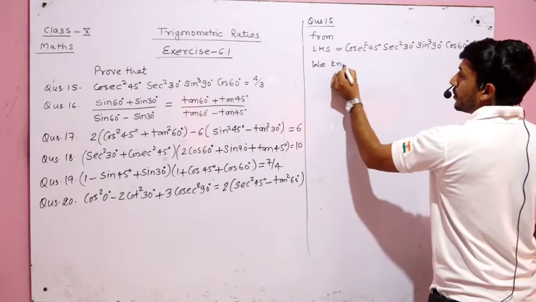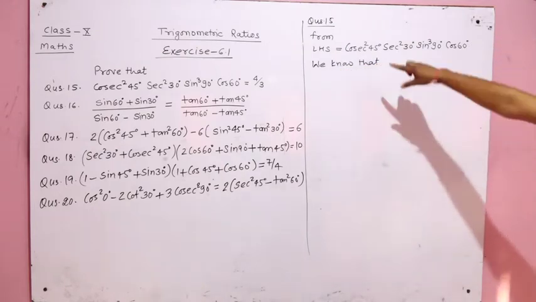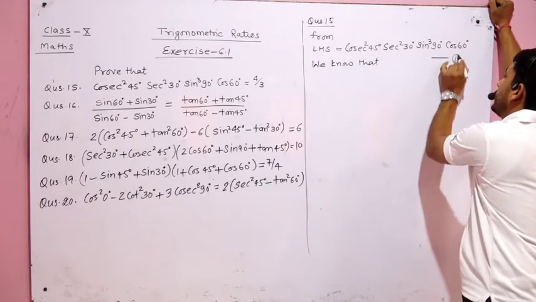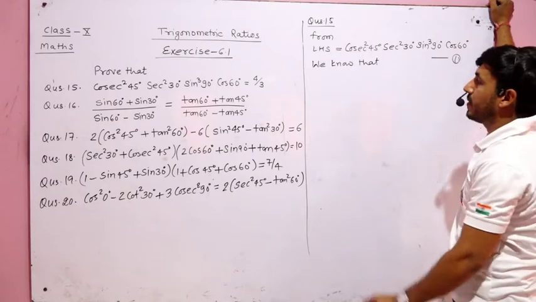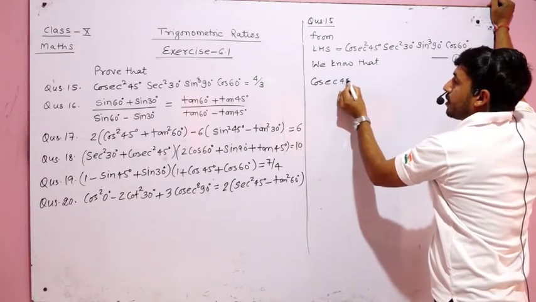As we know the values, assume this as equation number 1. First we need cosec 45 degree.